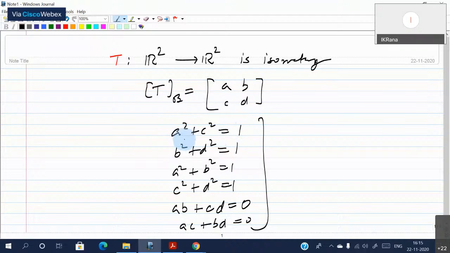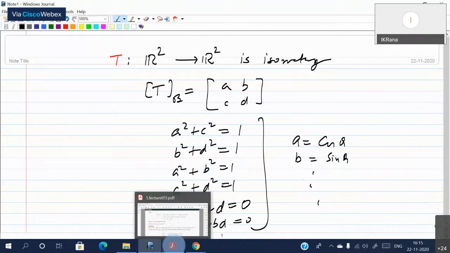So you can take a to be equal to sine theta and c equal to cos theta, and then compute everything from this. Okay, so from here you try to take a equal to, say, cos theta, then b will be sine theta, and so on, and make computations.